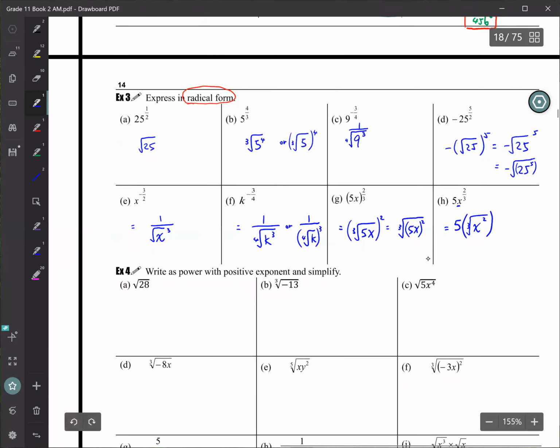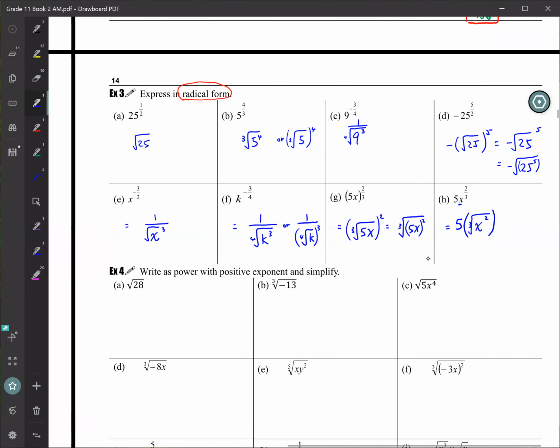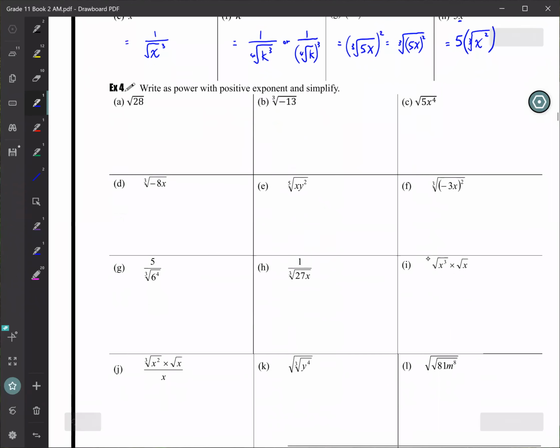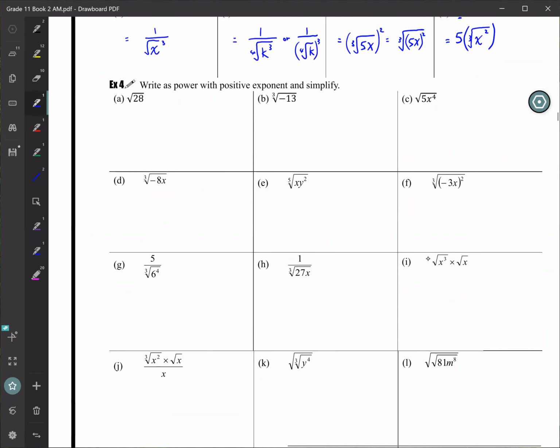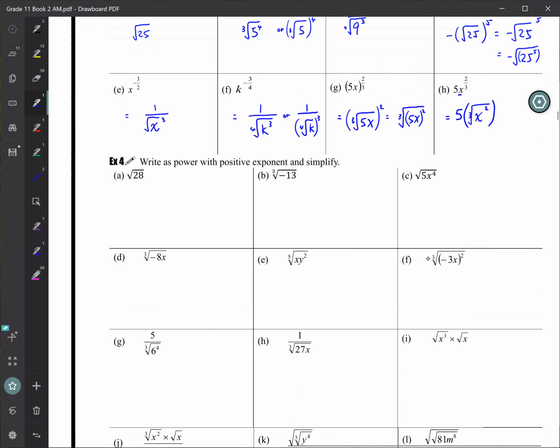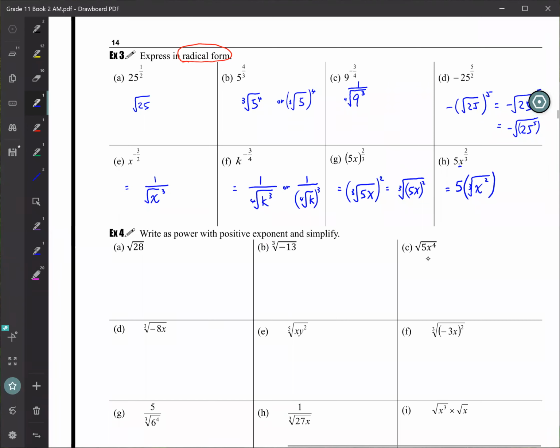Okay, so this is if they say write it in radical form. Then you do it like that. Turn all the exponents to radical form. Now the next part is sort of going backwards. You see every question has a radical. You want to go backwards and write it as a power.